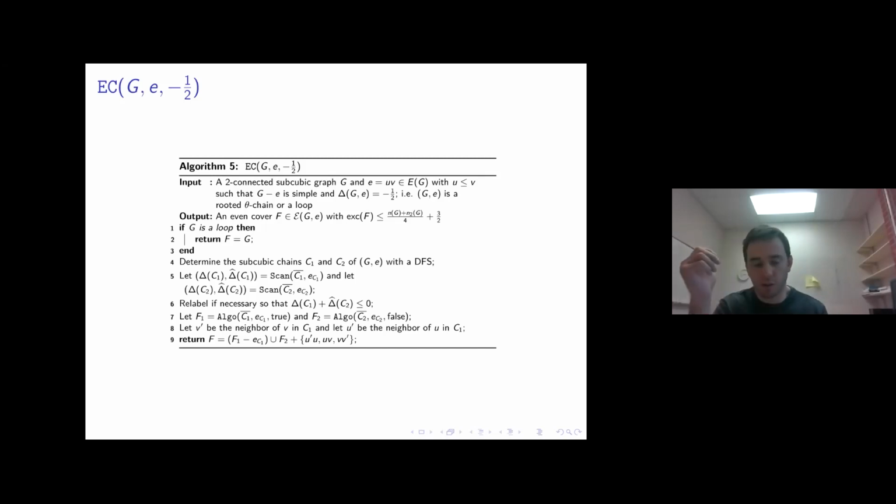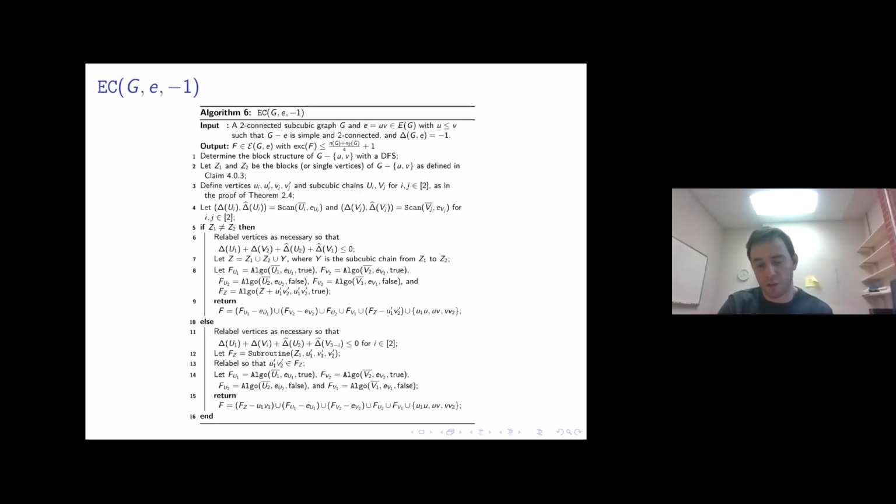Depending on what SCAN sees, it tells you roughly what the graph looks like, and it does 3 different things in each of the cases. This case handles when it's a rooted theta chain at an edge E. The second case is the hard case. This is the core of the main theorem, and it essentially follows what we did in the main theorem.